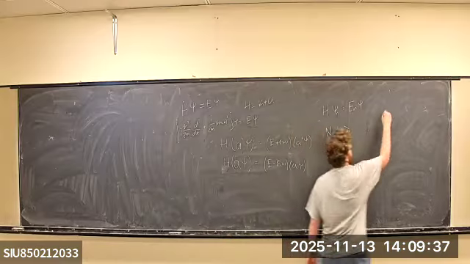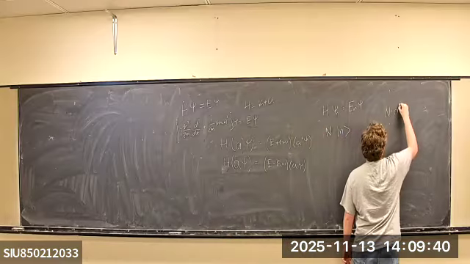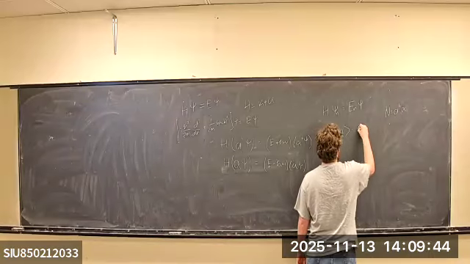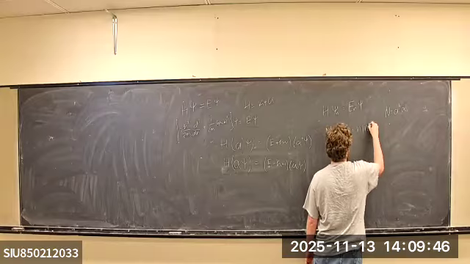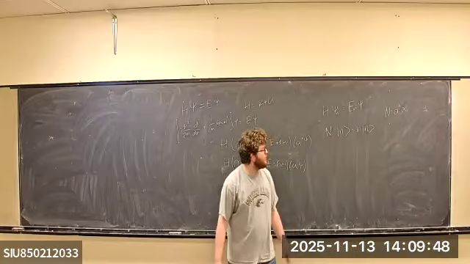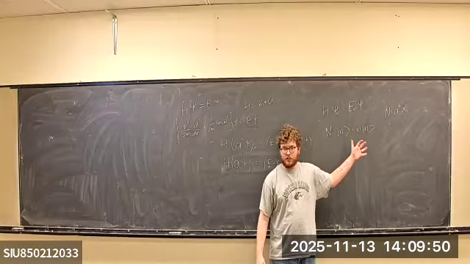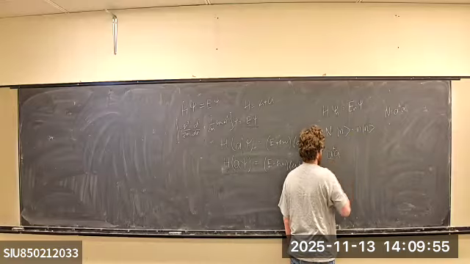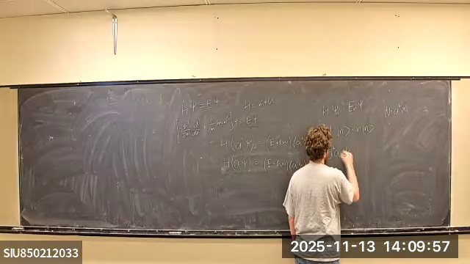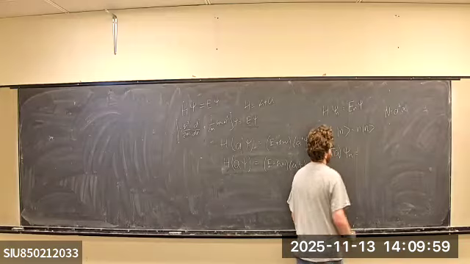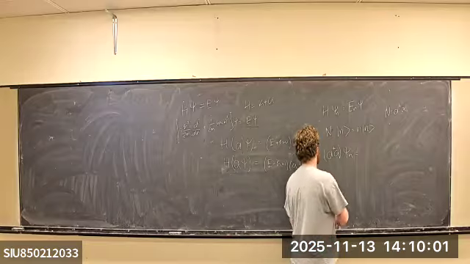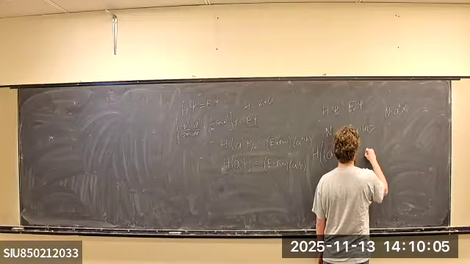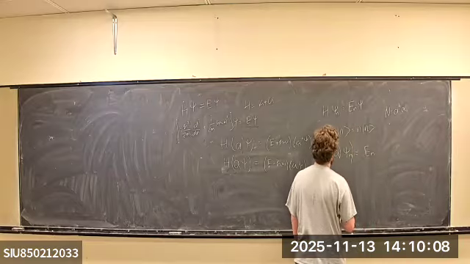Specifically N, where N is A dagger A. N on my state gives n on here. This is a very abstract notation, but this is saying that A dagger A acting on phi sub n should yield the energy level, or I should say H on this gives E sub n.